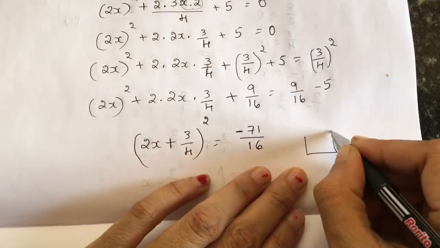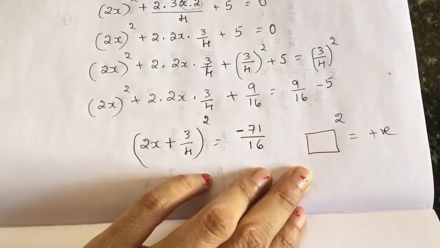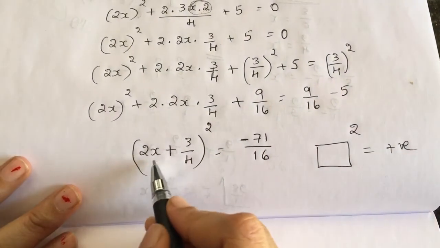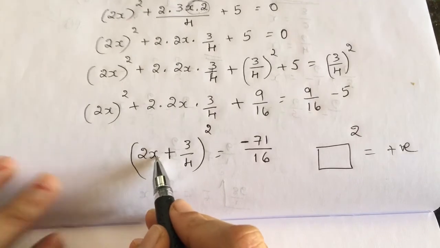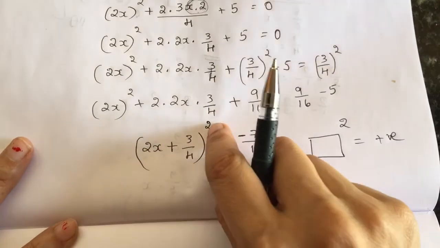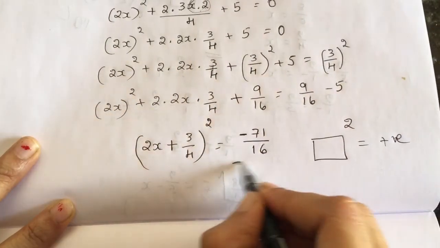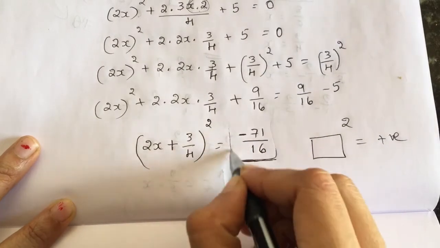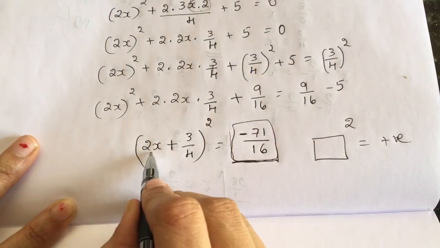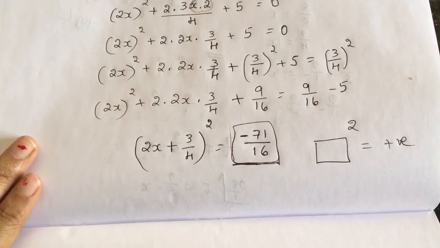Always, whatever the number is, when you take a square, it will become a positive number, right? But here, any value I can give. I can give a positive or negative value. But once I take a square of that, I'll get a positive number only. Here, this is not the case. Irrespective of the value of x, the value I'm getting is a negative number. That should not be the case.